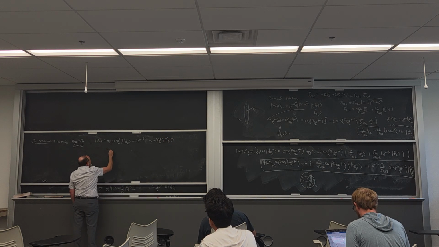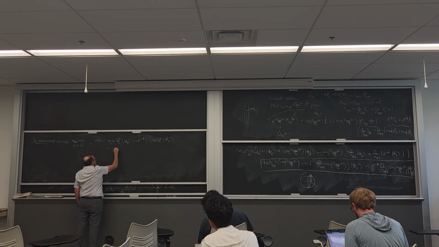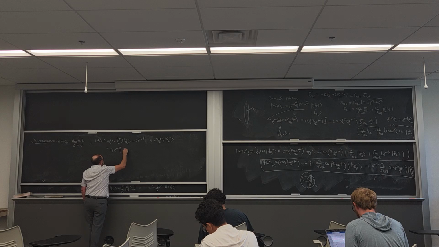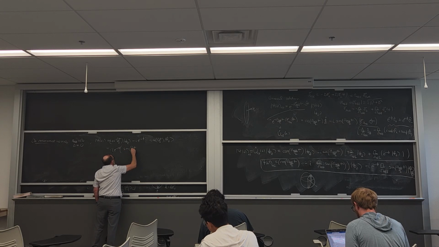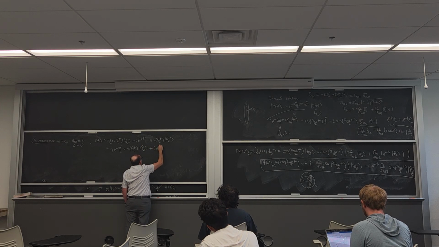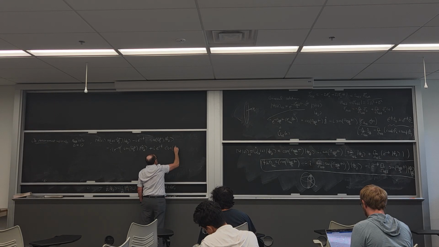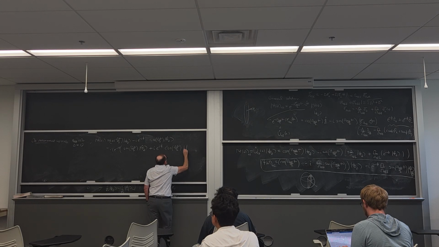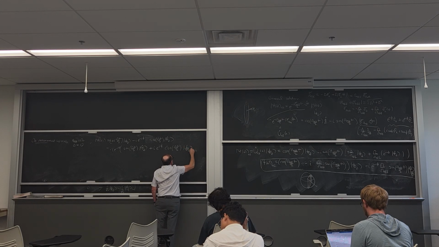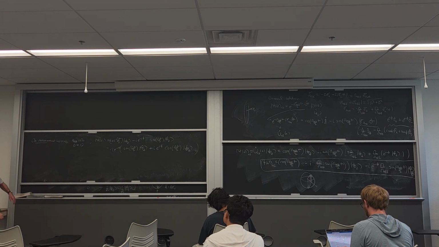Or equivalently minus e to the minus I phi sine omega t over 2 spin up plus I e to the I phi cos omega t over 2 spin down. Right? Factoring that out.